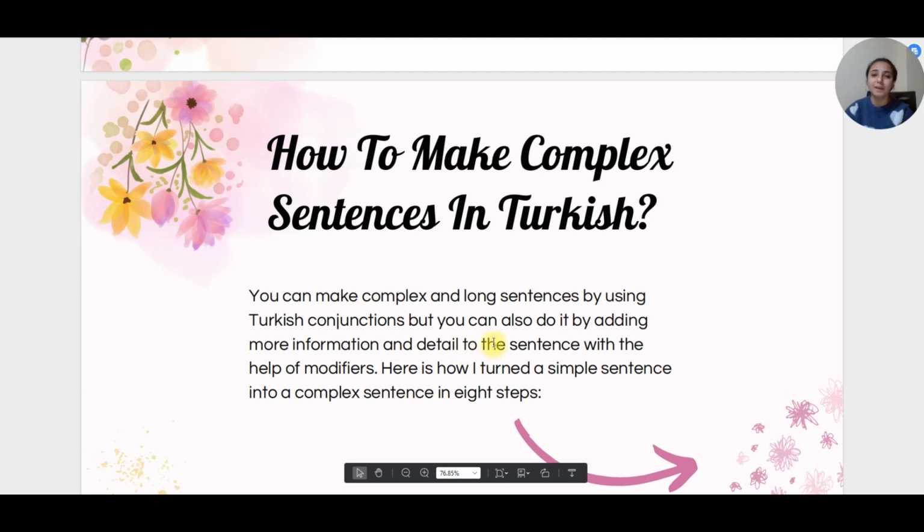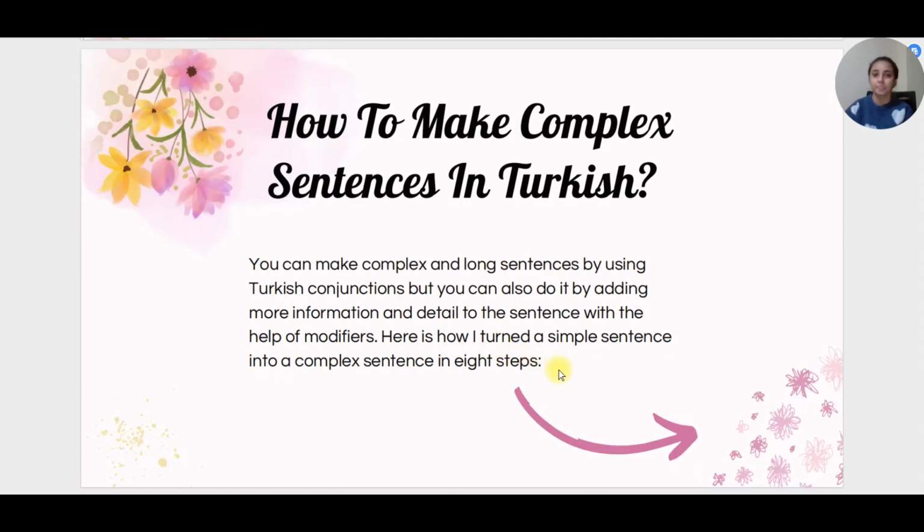How to make complex sentences in Turkish. You can make complex and long sentences by using Turkish conjunctions, but you can also do it by adding more info and detail to the sentence with the help of modifiers. Here is how I turned a simple sentence into a complex sentence in 8 steps.